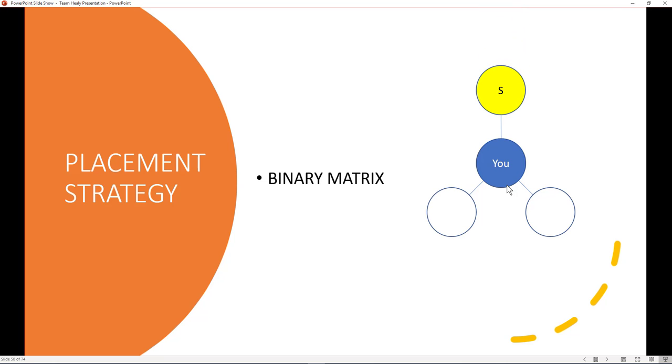You were enrolled by a sponsor. And that sponsor, when they enrolled you, put you on either their left leg or their right leg. For the purposes of this example, we're going to say that the sponsor put you on their left leg. So here's how your matrix builds up.